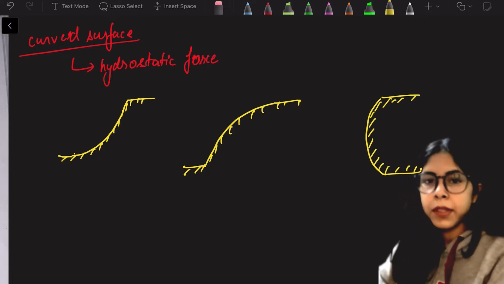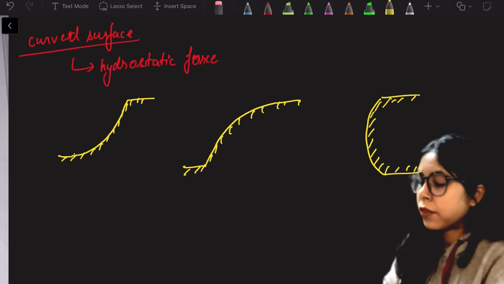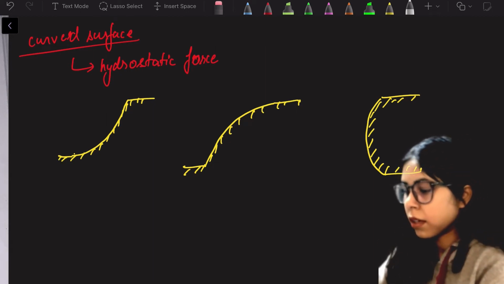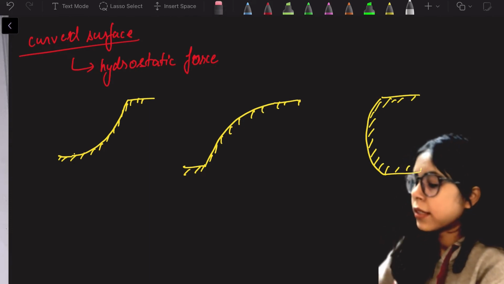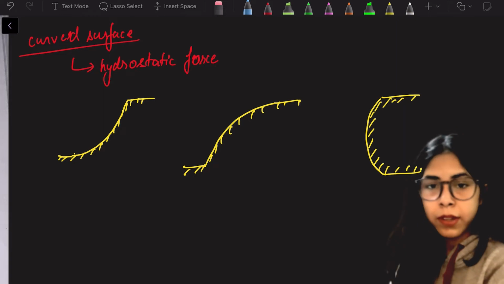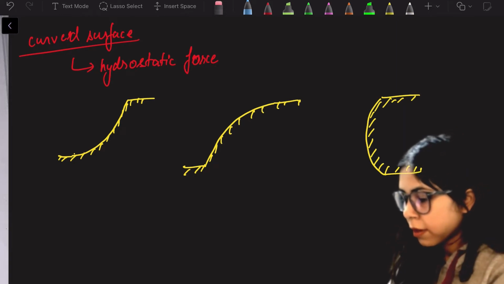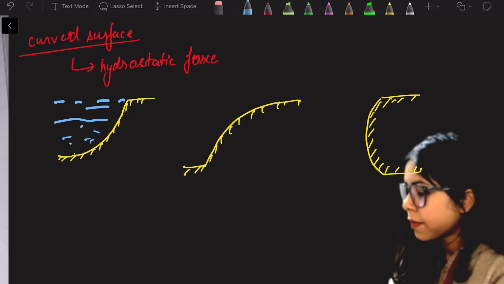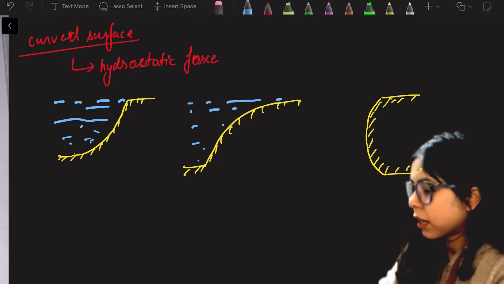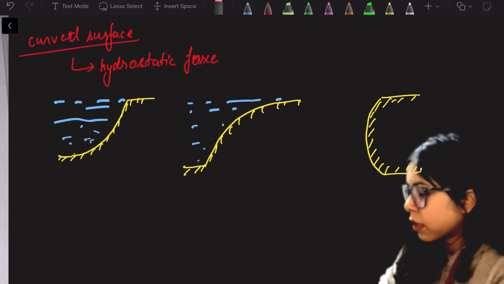So there can be three types of bodies which can lie in a water surface. If the body is of the first type, the water will be filled above this. If the body is of the second type, water can be filled somewhat like this.